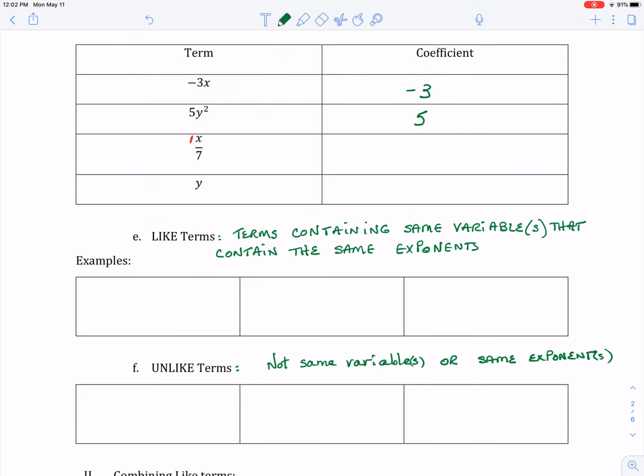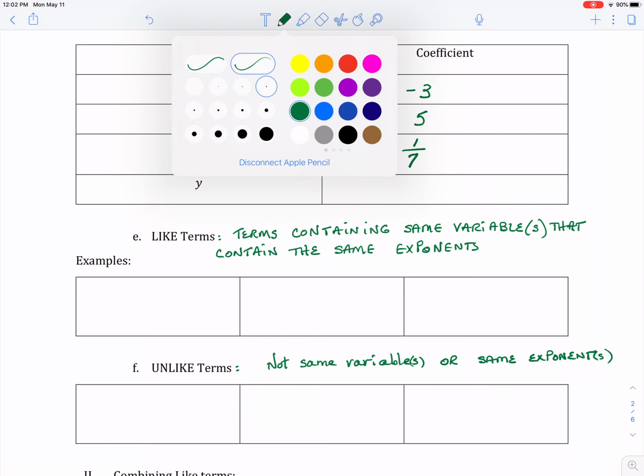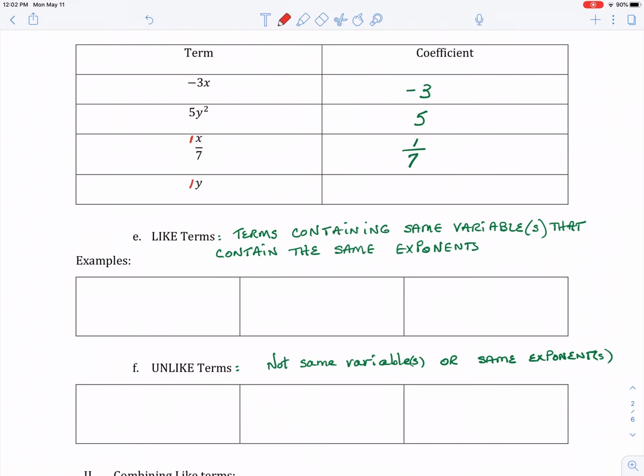So here we would define the numerical coefficient to be 1 over 7. And again, we have a variable y that does not have a number showing out in front, so that is understood to be a multiplier of 1. So that numerical coefficient is 1. And just as an aside, if we had a -y, the numerical coefficient would be -1.